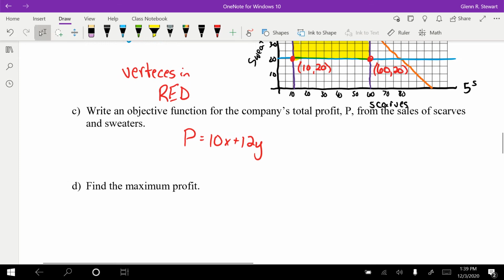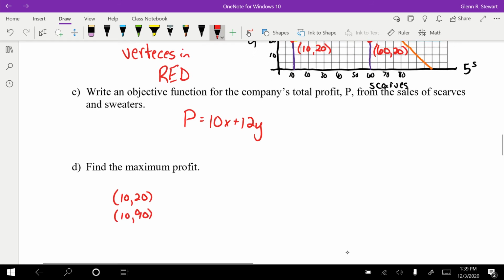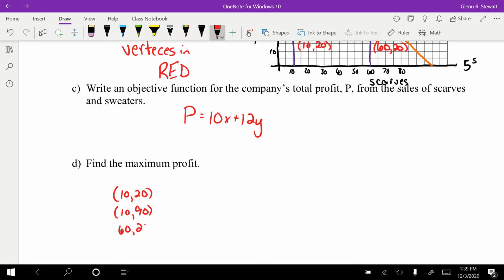So I'm going to take each of those vertices, (10, 20), (10, 90), (60, 20), and (60, 40), and I'm going to plug them into that profit function to determine where my maximum profit, like letter D, find the maximum profit, is going to be. 10 times 10 plus 12 times 20.